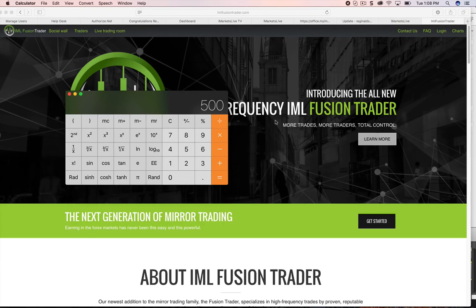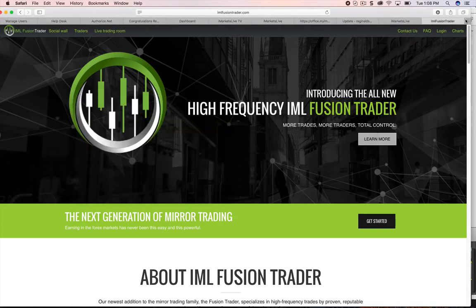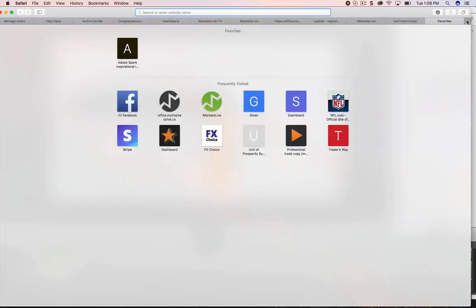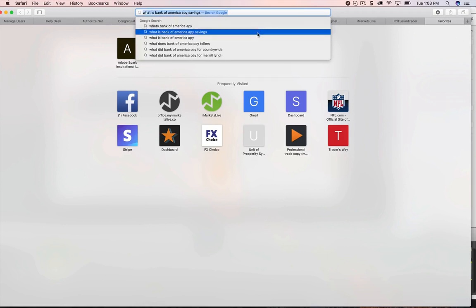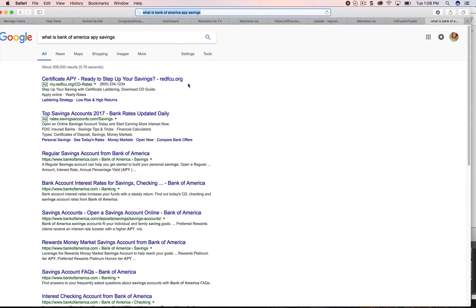Now, typically, if you look at most bank accounts, let's see what Bank of America's APY on savings is. Let me see if I can find something on it.